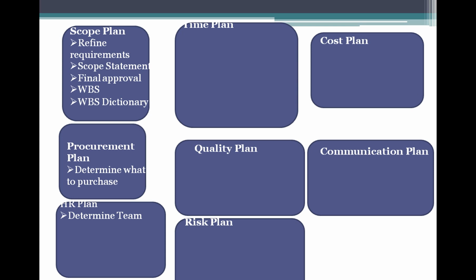Once he has the work breakdown structure, then he moves on to the time management plan. So he has the scope statement and work breakdown structure. Then he analyzes both and moves on to the time management plan, and he further breaks down these work packages into activities.